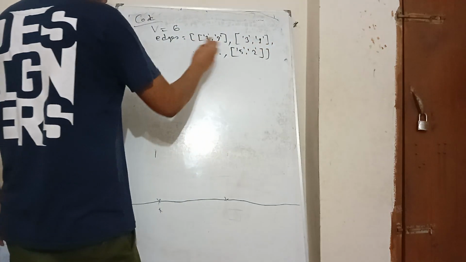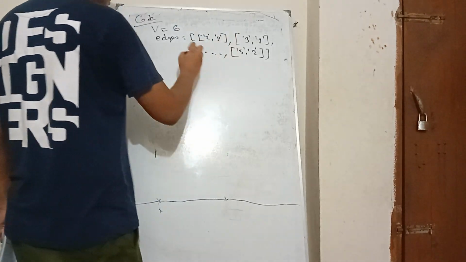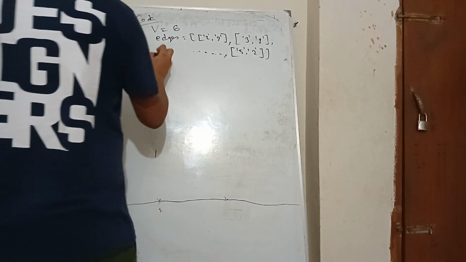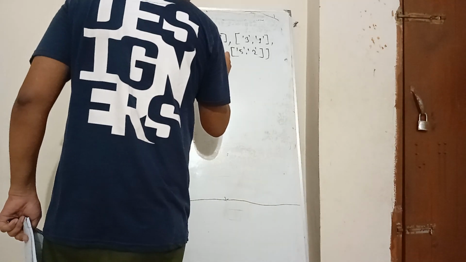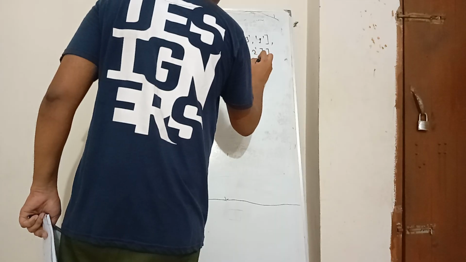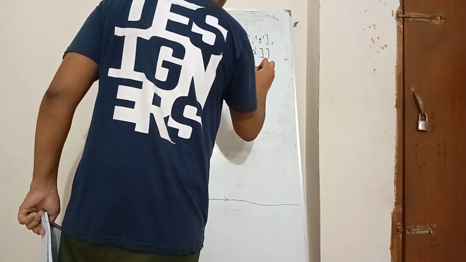Dot dot means there are many edges between. From collections import defaultdict.